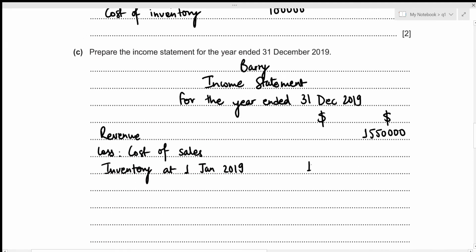That is 140,000. And if it were to be a normal business, then we would have added our purchases. But since we know we're talking about a manufacturing business, we require our transfer value, right? And this is the transfer value or the transfer price from our manufacturing account. So let's have a look above.